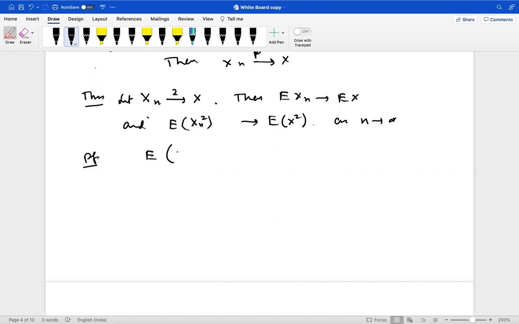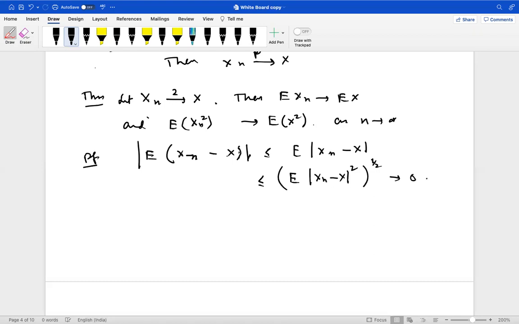So the modulus of the expectation, we know, is less than or equal to the expectation of the modulus. So the modulus of expectation of Xn minus X is less than the expectation of mod Xn minus X. And this is less than or equal to the expected value of Xn minus X whole square, whole to the power of half, so the root of that, and by definition this converges to 0 as n tends to infinity.